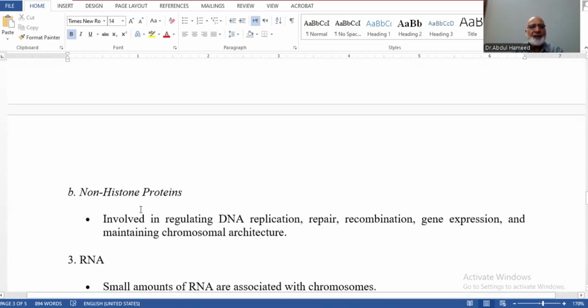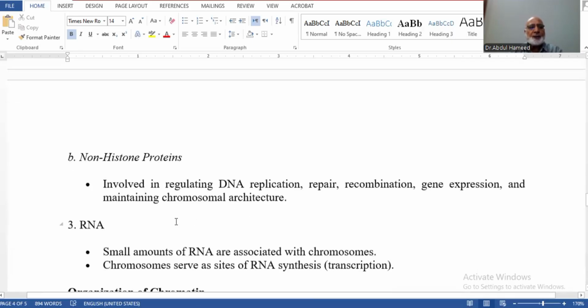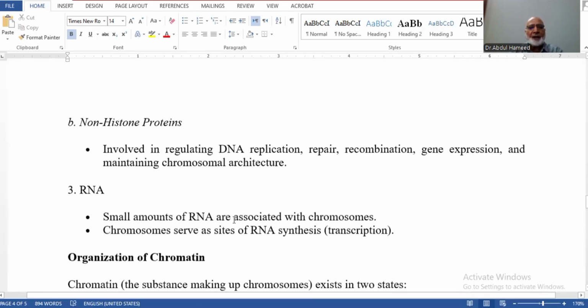There are some non-histone proteins. Their function is to regulate DNA replication, repair mechanisms, recombination, gene expression, and maintaining the overall chromosome architecture. Then RNA: a small amount of RNA is associated with chromosomes, and obviously the chromosome function is to synthesize RNA.